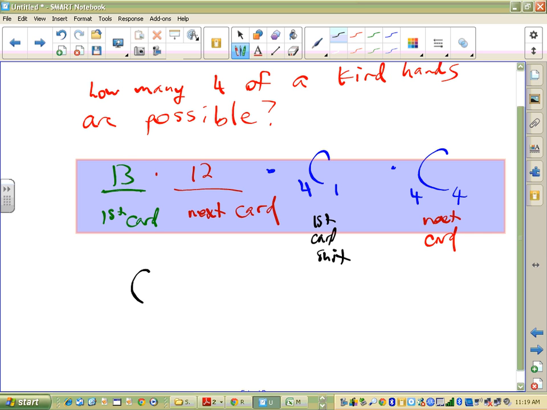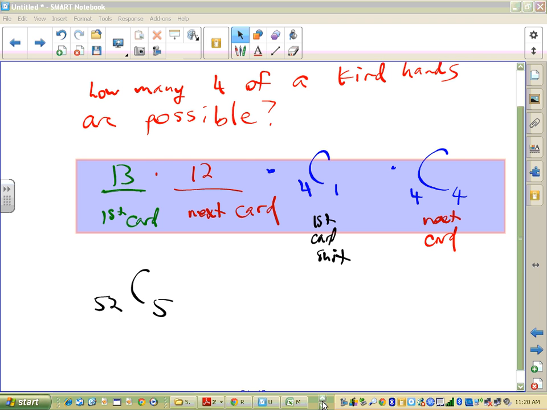So if we're using a combination, how many cards are in a deck? 52. And it doesn't really matter what order we pick them in. If we're just thinking about how many possible hands there are, how many cards are we going to pick when we pick a hand of cards? Standard game of poker. You pick 5.